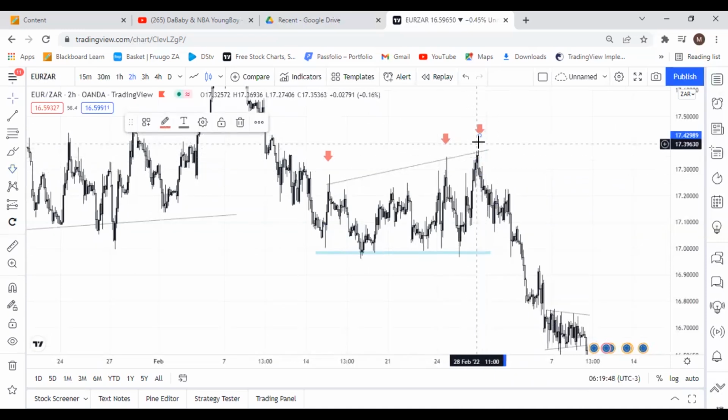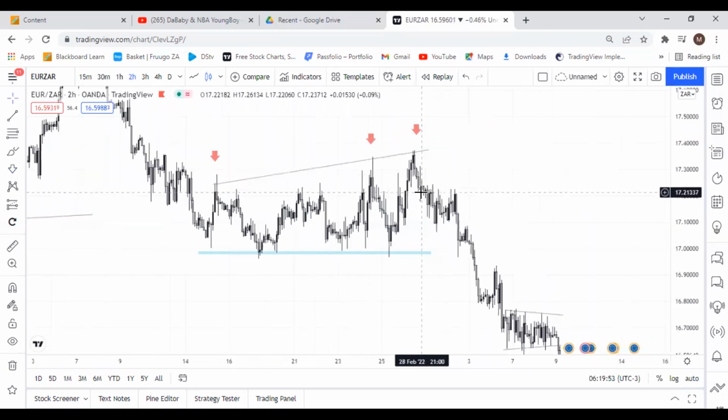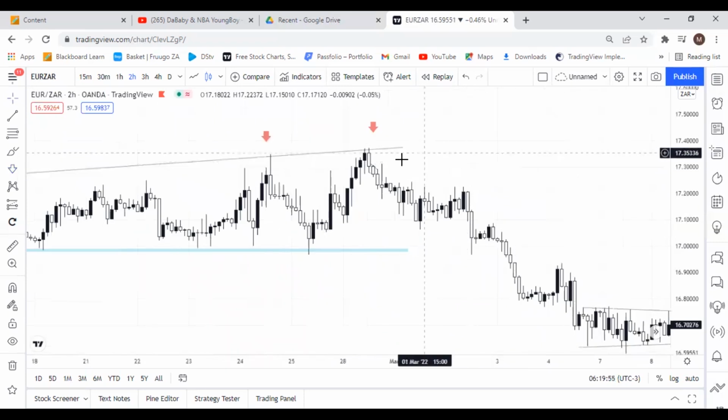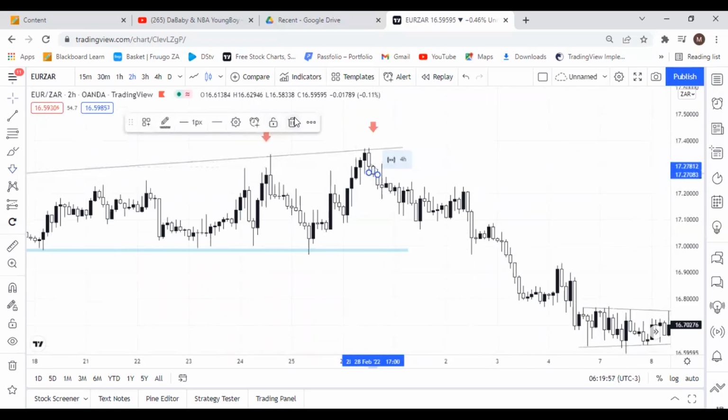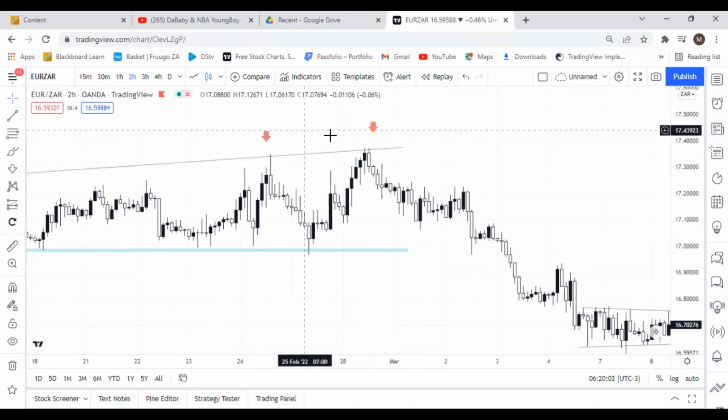So you take your trade on the third touch, highest probability, remember. So I'm just gonna zoom in and show you guys the concept of candlestick confirmations.